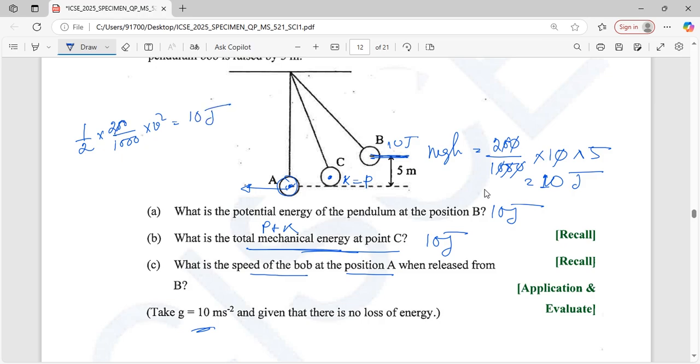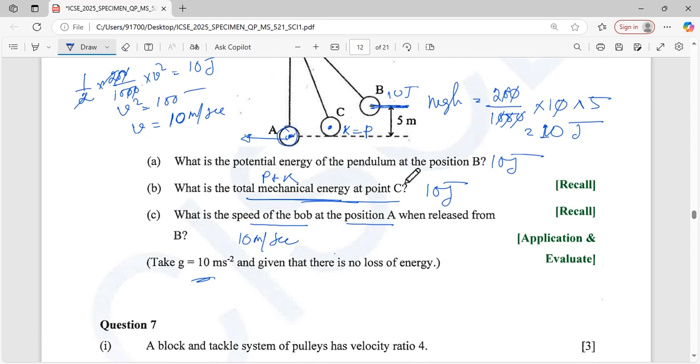So v squared equals 100. So v is, sorry, 10 meters per second. The velocity of the bob is 10 meters per second. Okay, very easy.